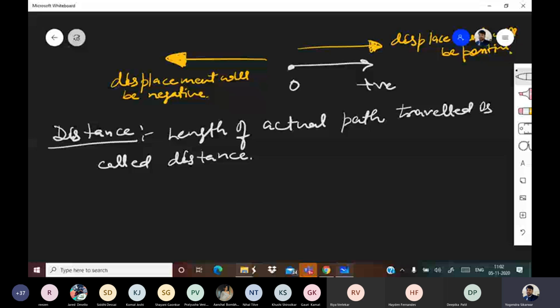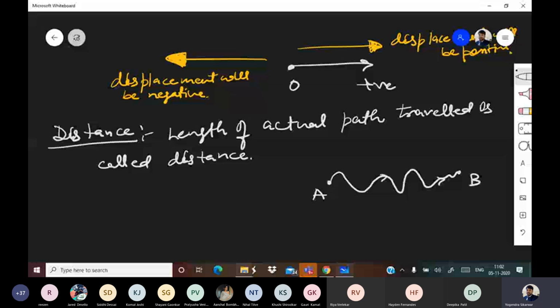So if an object is starting from here A and going to B, and if it goes like this, then whatever it has actually traveled, that will be the distance. So the actual length of the path traveled. It's a scalar quantity.